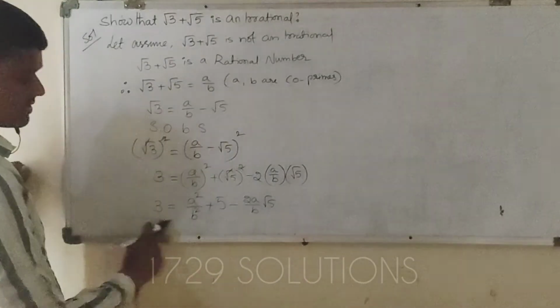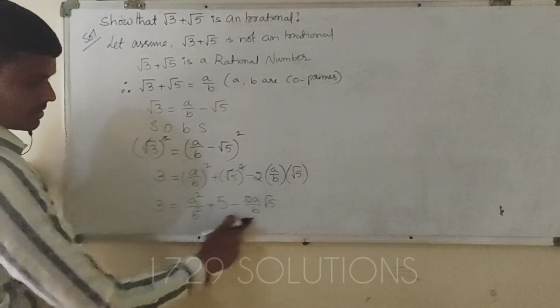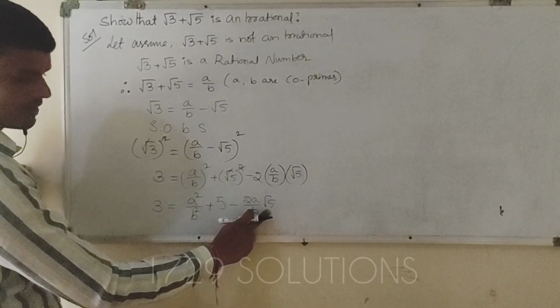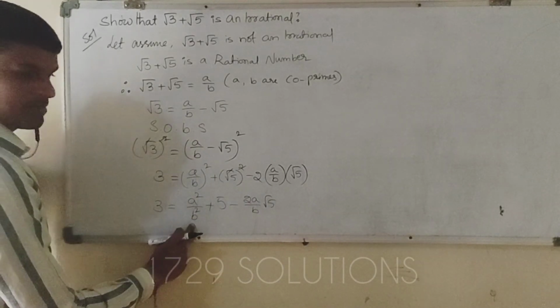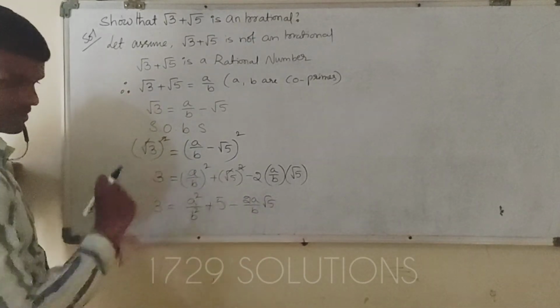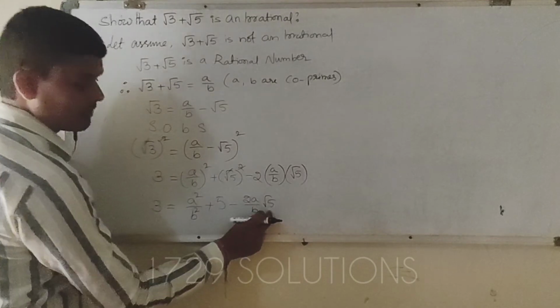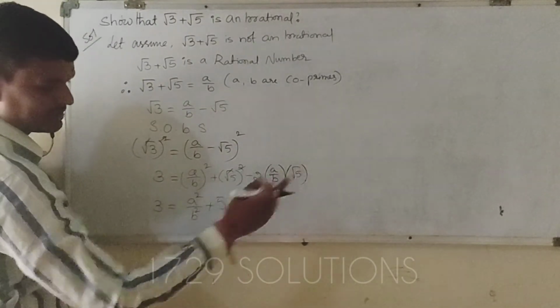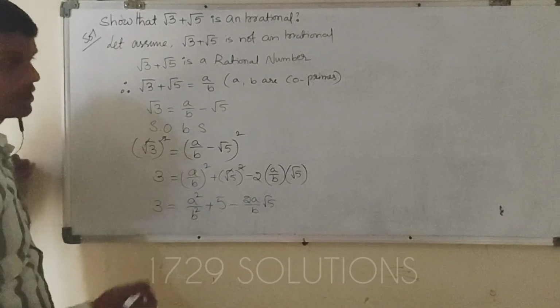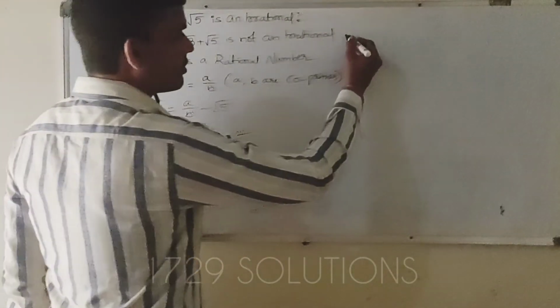Now when you observe this statement, we have only one irrational number, that is root 5. 3, a square by b square, 5, 2a by b, these are all rationals. So I want to make root 5 a single term on either the left side or the right side, with the remaining terms on the other side. The transposition is very important to us.